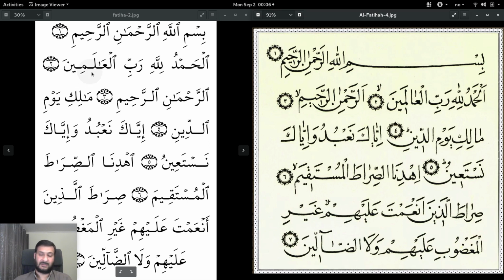So Mi, just like here, Mi. So here what they did was they helped the non-Arabs to stretch it by indicating that there is a vertical Kasrah. Stretch it, Alamin. Here's also Alamin, and so on.